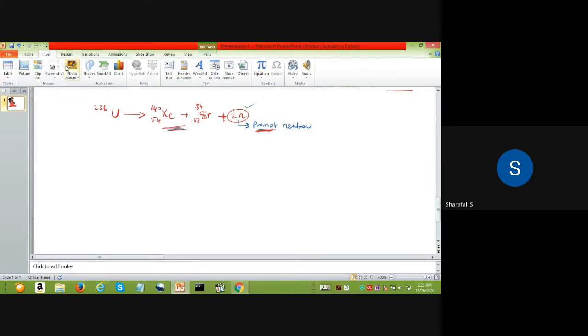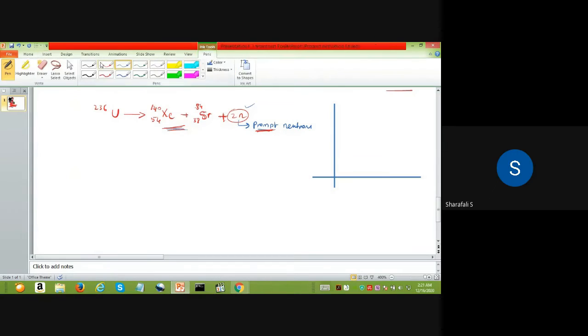I will just draw the curve. If you consider the neutron-proton curve that we already discussed before for the decay processes, this is your Z. The x-axis is Z, and this one is neutrons. These are neutrons, and these are protons.